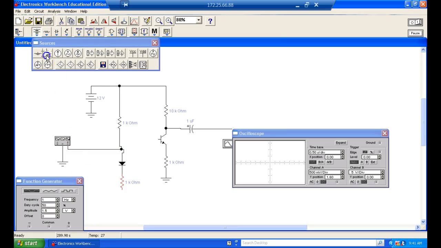And what we'll have to do down here is make this power supply the same value. This is going to be a negative supply.